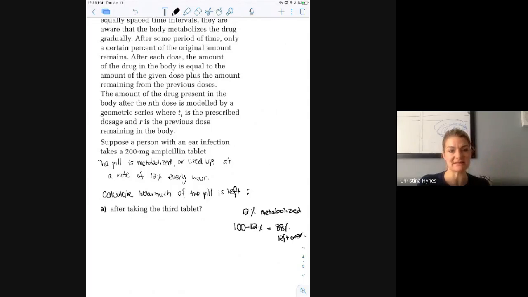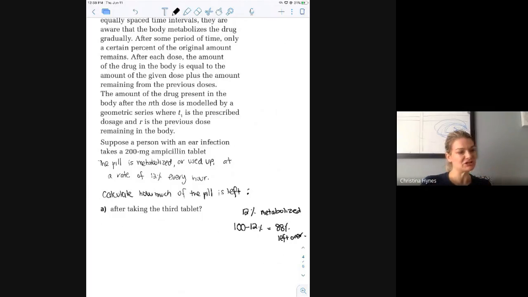Now, I just made these numbers up, so it's not really accurate to a real life scenario. Normally you would metabolize more than that; you wouldn't want to have that much left over. But anyway, 12% is metabolized, 88% is left still in your body. So what they're asking for is, after 3 hours, how much is left over?